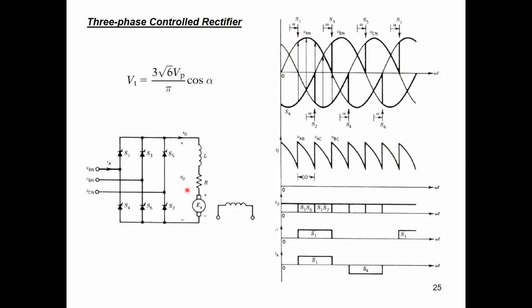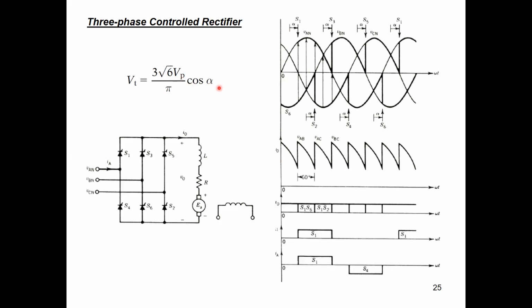Simply, if we have this separately excited motor here, this is the armature circuit, and this is the field circuit, and we apply a 3-phase rectifier, we will have a similar relation. V output average equals 3 multiplied by square root of 6 multiplied by V phase maximum, which is the peak value of phase voltage, divided by pi, multiplied by cosine alpha.